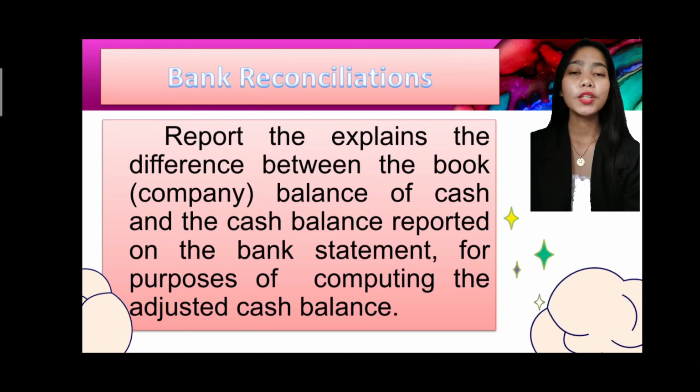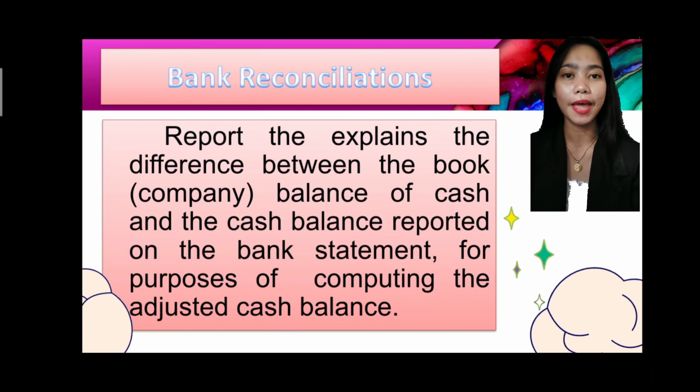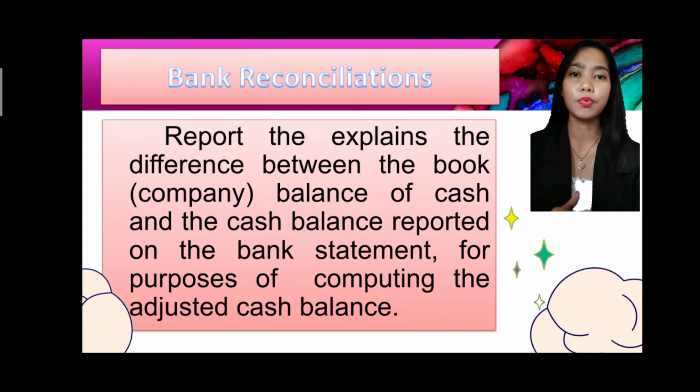In essence, what we are going to do here is take the bank statement, usually a monthly bank statement as of the end of the month, and compare that to what we have in the books.